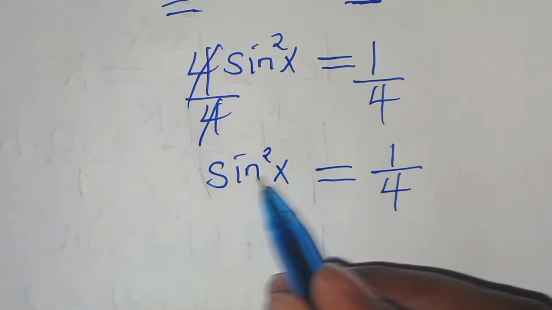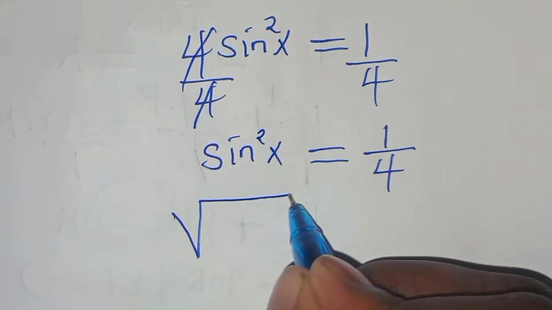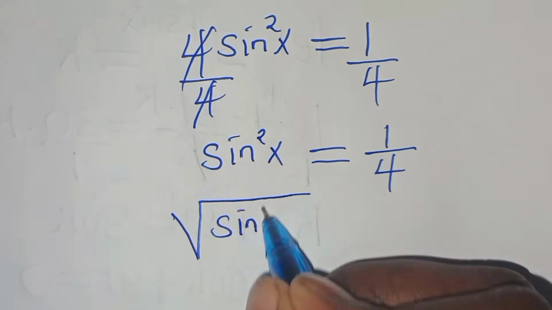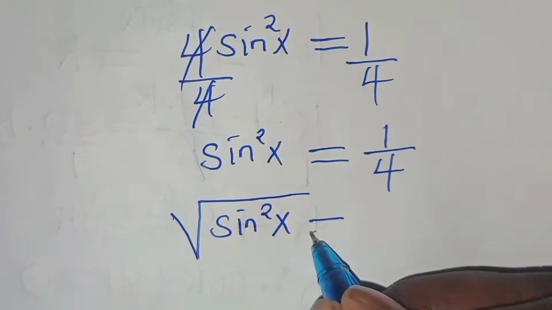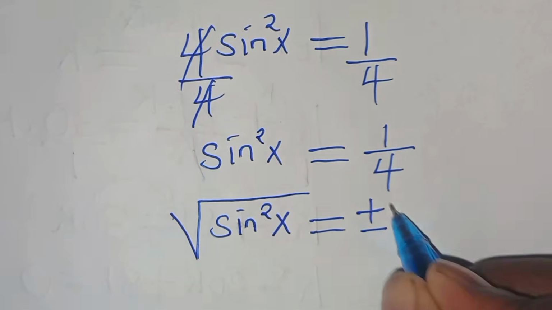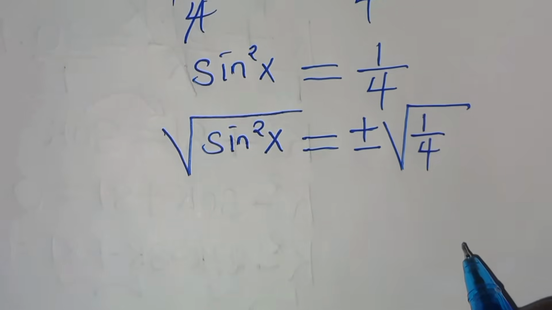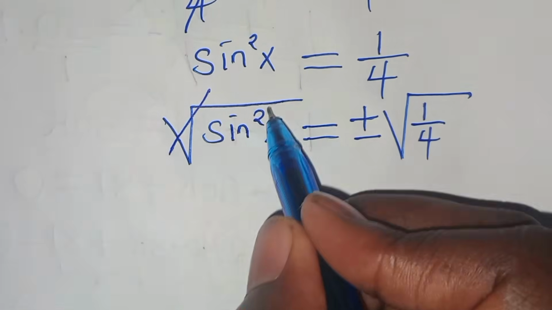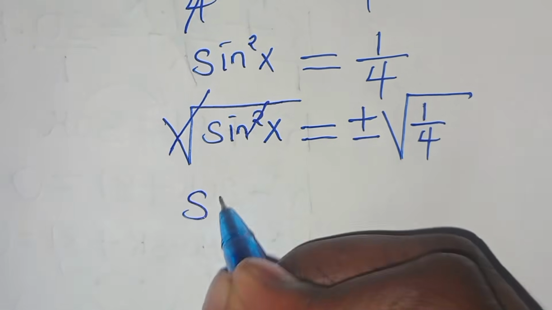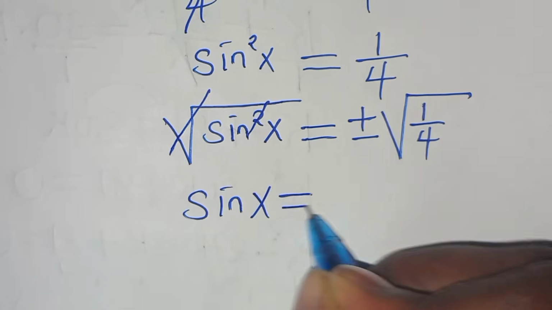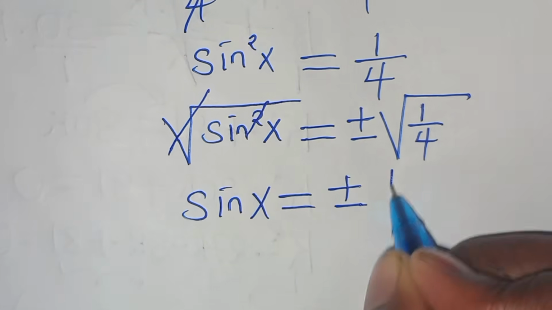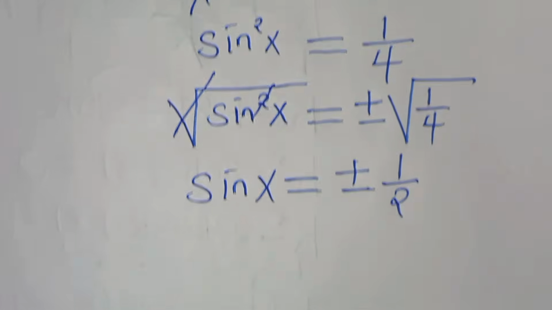To solve for sine x, let's introduce a square root on both sides. We have the square root of sine squared x equal to plus or minus the square root of 1 over 4. Now, let's eliminate the square root sign here. We have sine x equal to plus or minus 1 over 2.